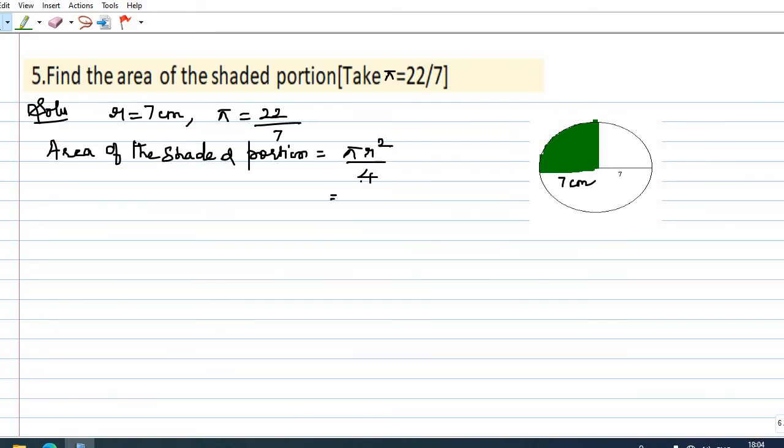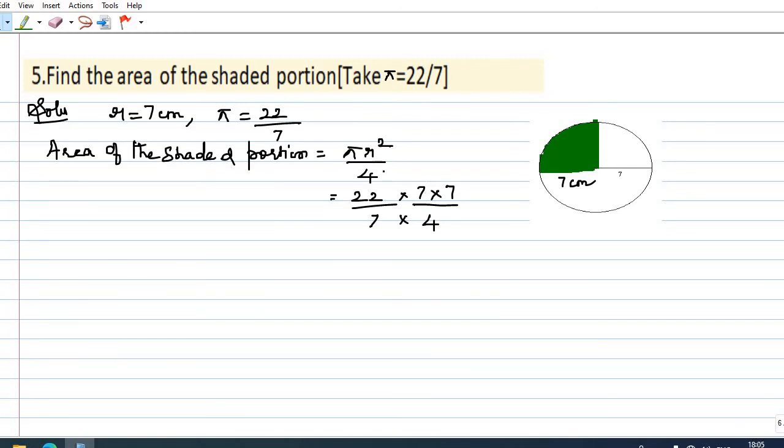I have divided this by 4, so 22 by 7 into, what is the r square here? 7 into 7 divided by 4. Got it, children? How can I write this? See, substitute the pi value, which is 22 by 7, and in the numerator, what is there? R square.